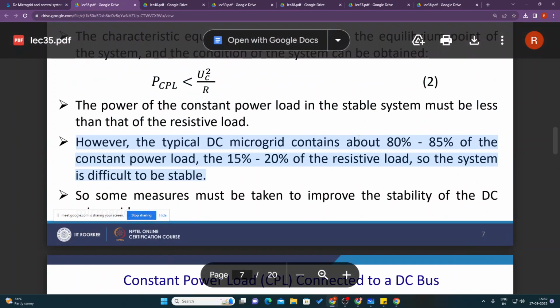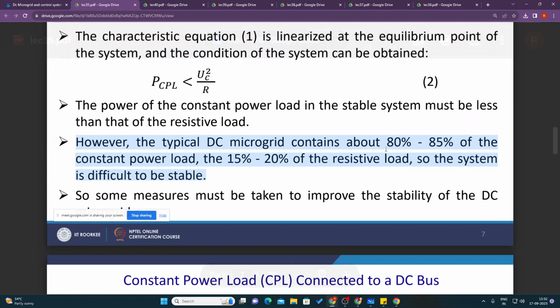I don't know about these numbers, but if you want examples of constant power load, the electric furnace application is an example of constant power load.